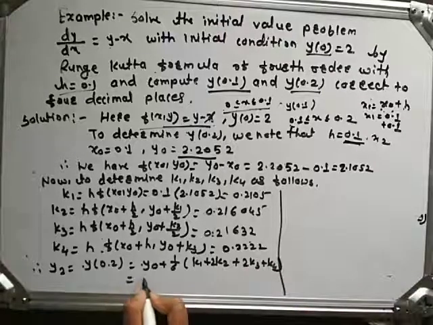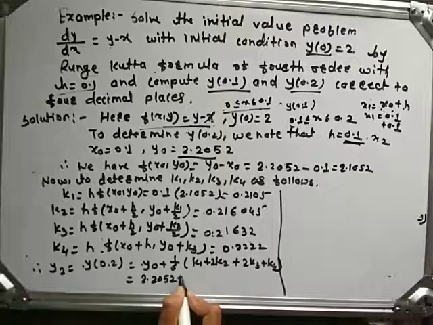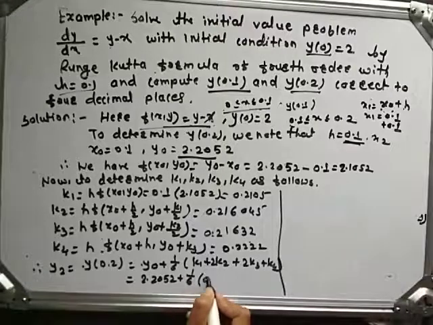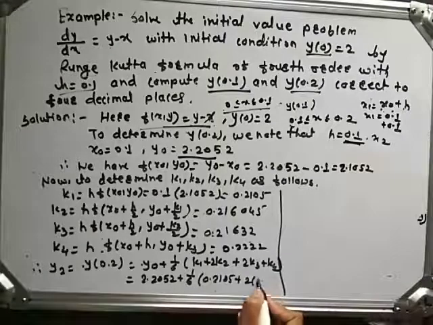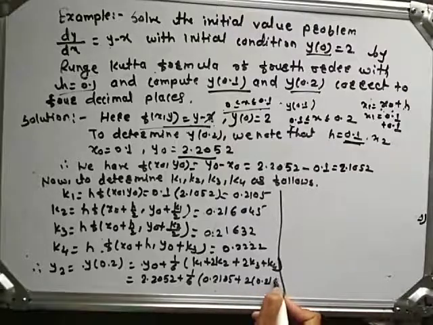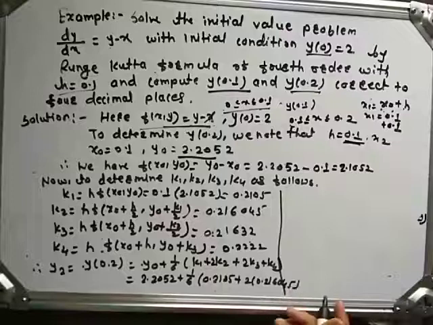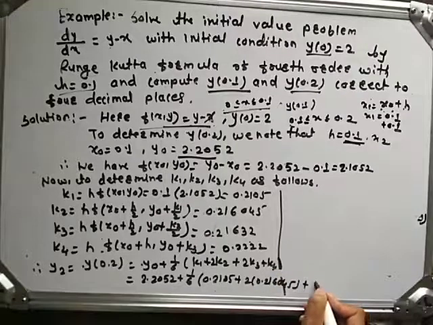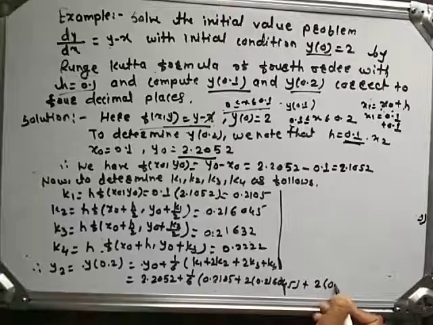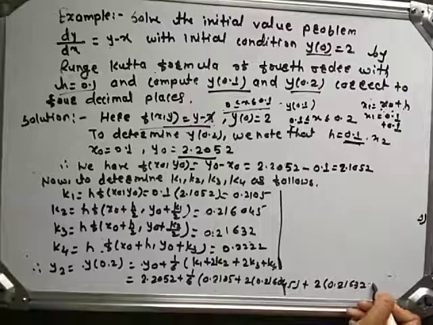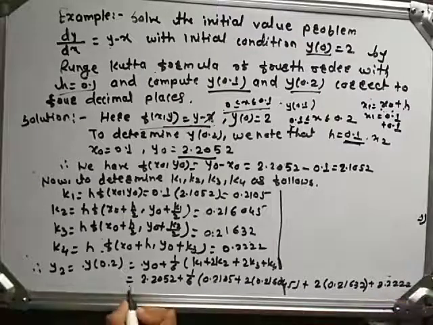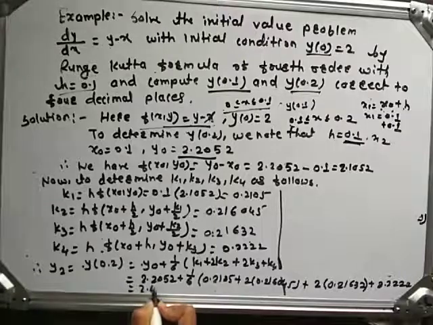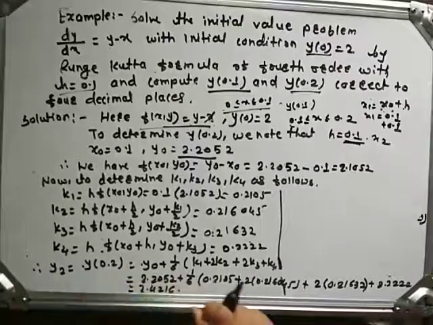This is equal to 2.2052 plus 1 by 6 into 0.2105 plus 2 into 0.216045, plus 2 into 0.21632 plus 0.2222. This is nothing but 2.4216. This is the value of y2, that is y of 0.2.